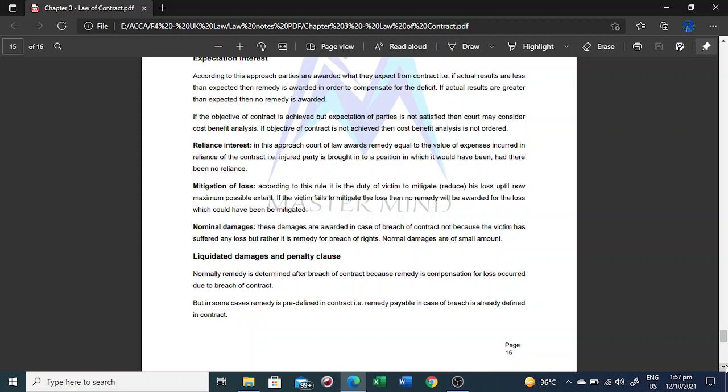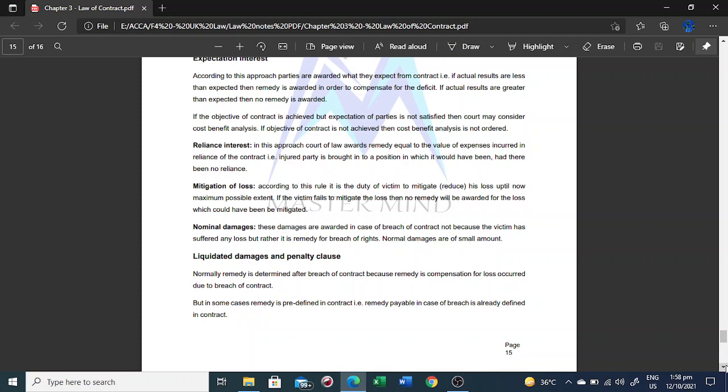Reliance interest. In this case, the court of law is going to award a remedy equal to the amount of expenses that are incurred in reliance on the contract. Let's say the injured party has been put into such a position where they are being affected, then in that case you need to pay for all the expenses.